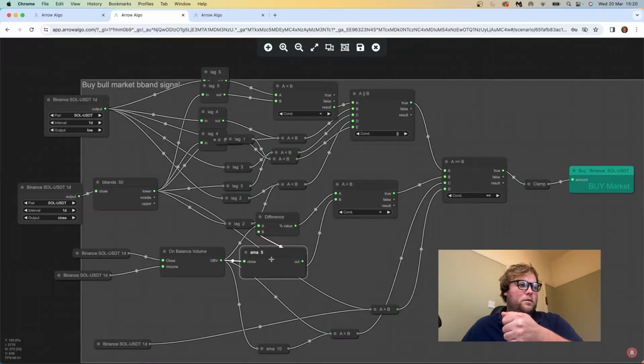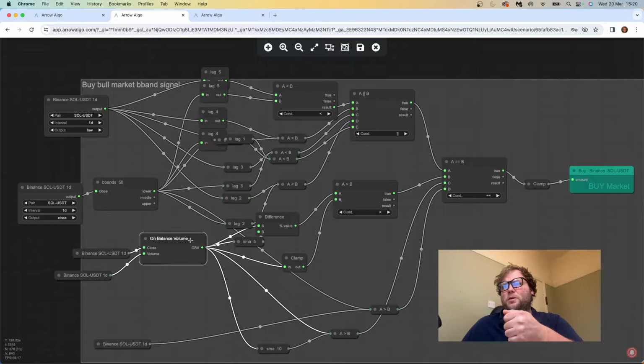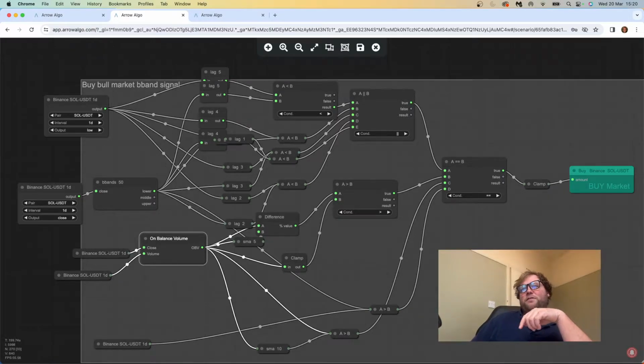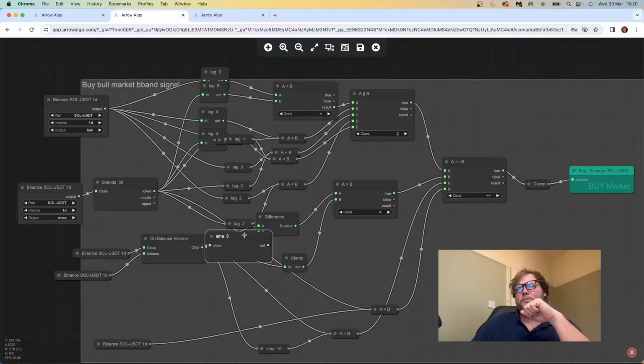And we've got the moving average here as well. So essentially we're saying that the percentage difference between the 1 day on-balance volume and the 5 day moving average of that on-balance volume is more than 1%.